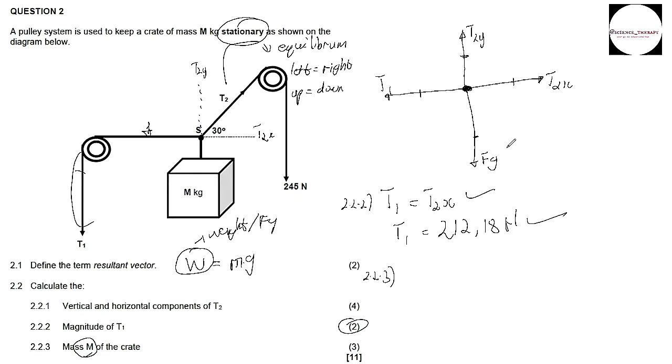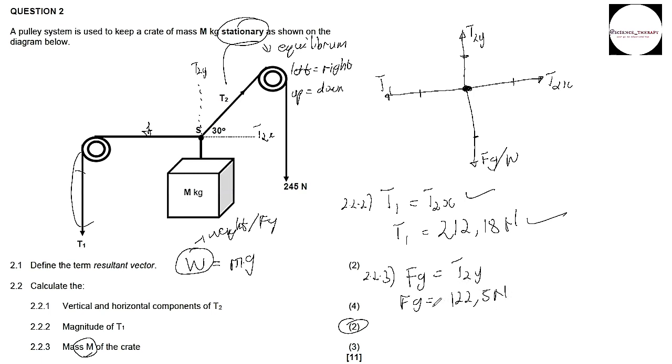Remember, we just deduced that the left forces are equal to the right forces and the upward forces equal the downward forces. That means our gravitational force is equal to T2y. What did we find as T2y? That's 122.5 newtons.